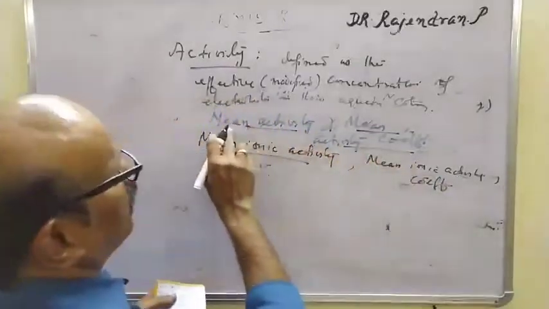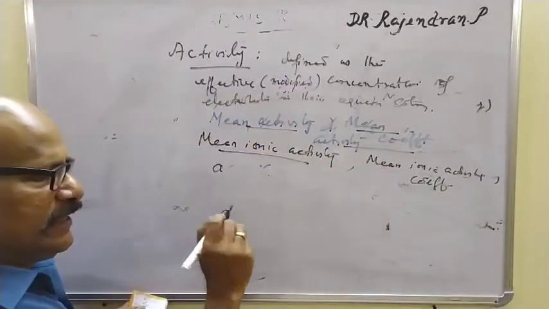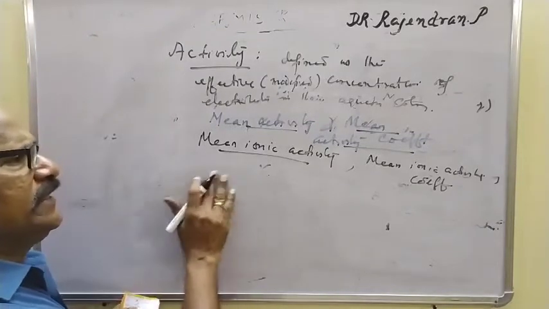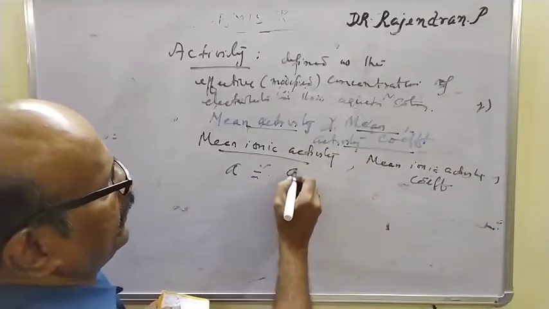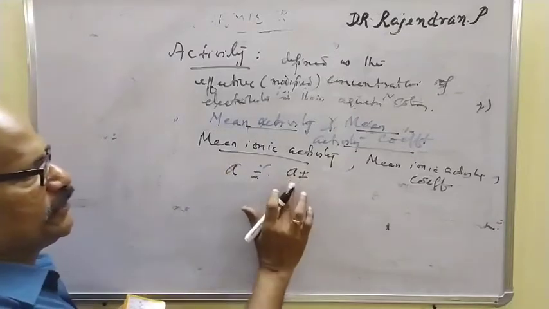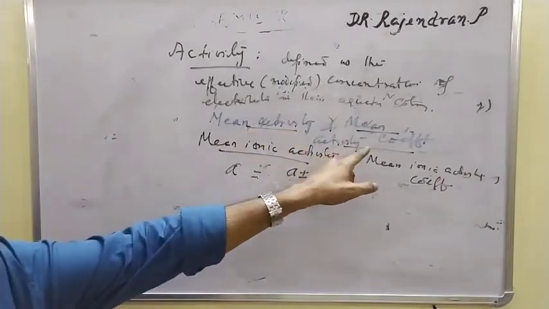So you know that mean activity is A. Mean activity A is equal to, say, A plus or minus like that. Okay, that is the situation. A plus or minus is the mean ionic activity or mean activity.